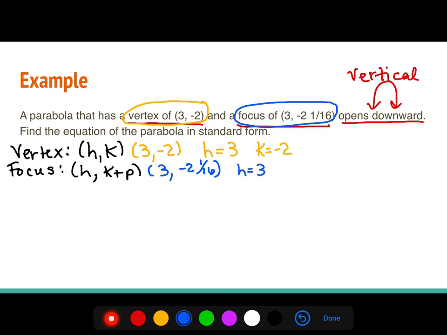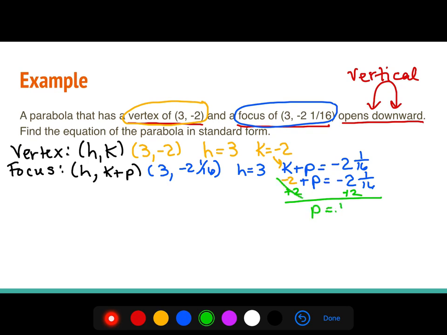So if I know that my focus is at (3, -2 and 1/16), I know h is 3, and I know k plus p is -2 and 1/16.